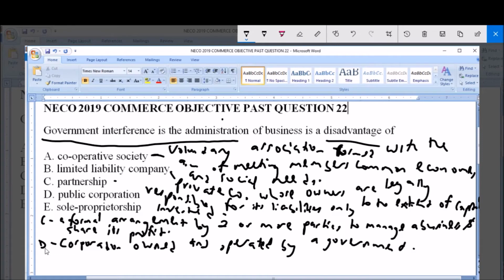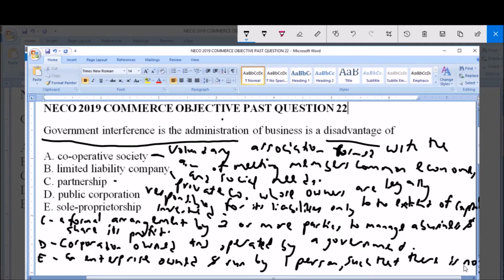And the final option, option E, sole proprietorship, is an enterprise owned and run or operated by one person, such that there is no legal distinction between the owner and the business entity.